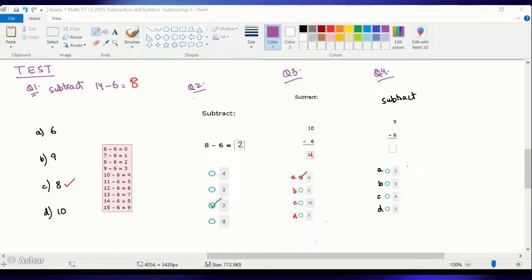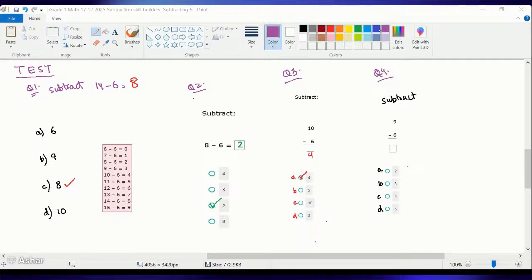9. Okay, that was a previous question. What about this? 9 minus 6 is? Nine subtract 6. We can still see it on our screen.